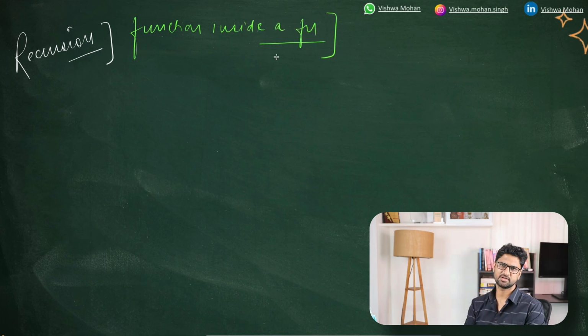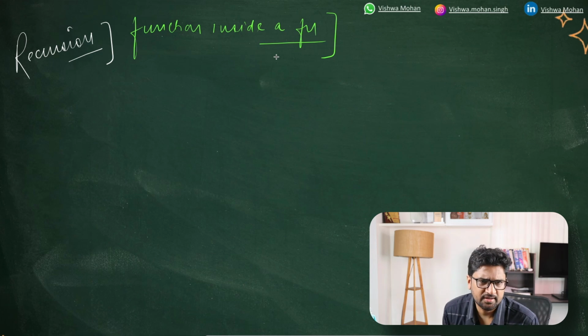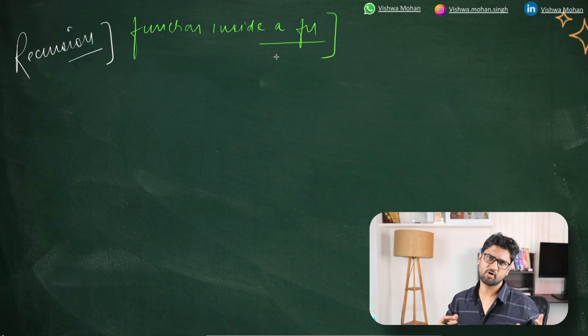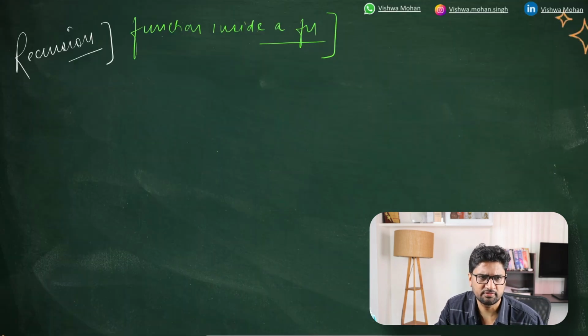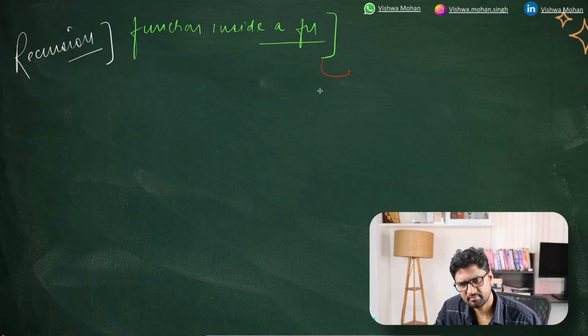This is what typically a recursion is. But if you play with this recursive form, where a function is called inside the function in this pure form, as we saw in this example, this might lead to a situation of the infinite loop.